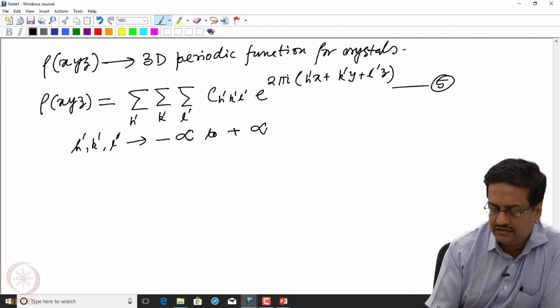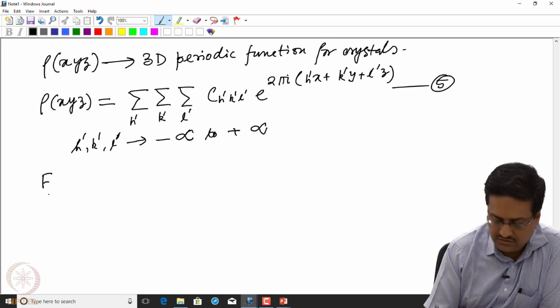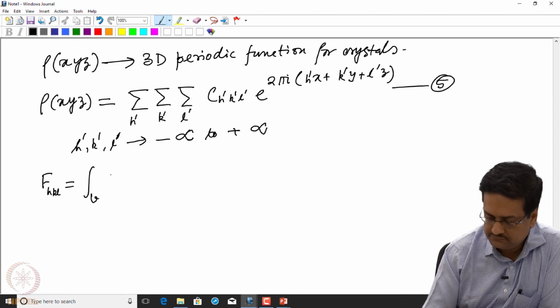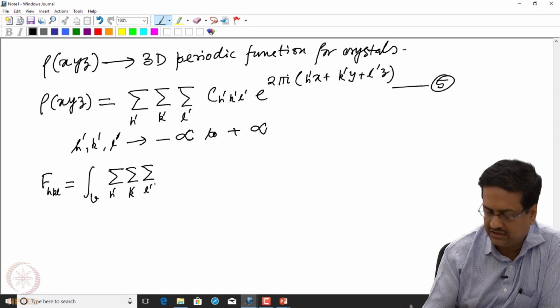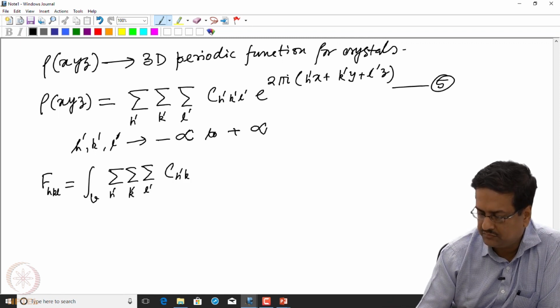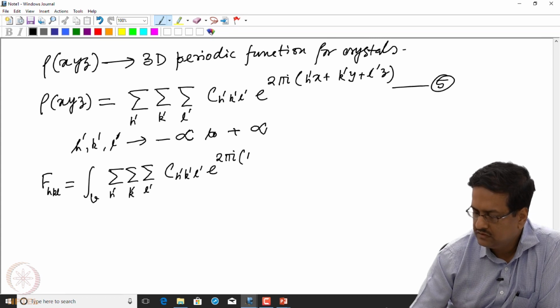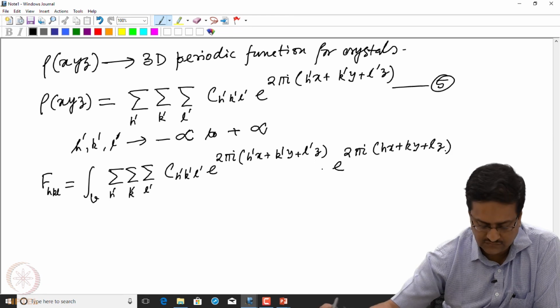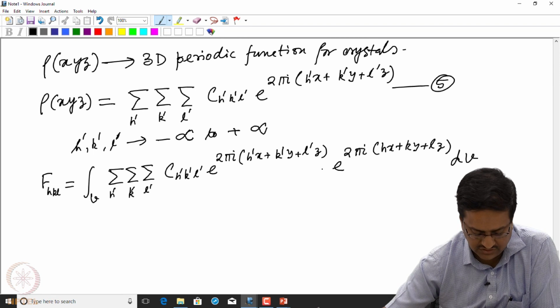So what one can write in that case for F(hkl) is nothing but the integral over V of the triple sum over h prime, k prime and l prime of c h prime k prime l prime e to the power 2 pi i (h prime x plus k prime y plus l prime z) into e to the power 2 pi i (hx plus ky plus lz) dV.